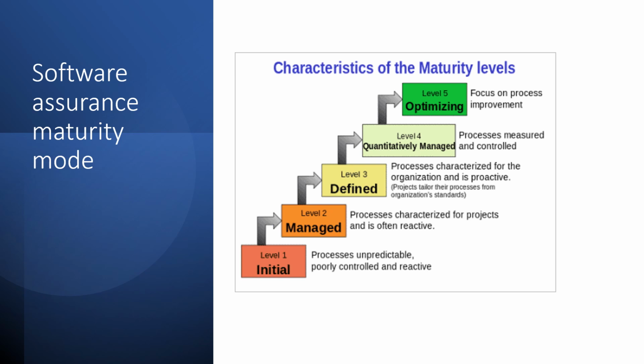So a software assurance maturity model progresses through several stages, starting with the initial phase, characterized by ad hoc and reactive processes. So at this stage, the software assurance practices lack consistency and documentation, making it difficult to repeat or improve upon them.